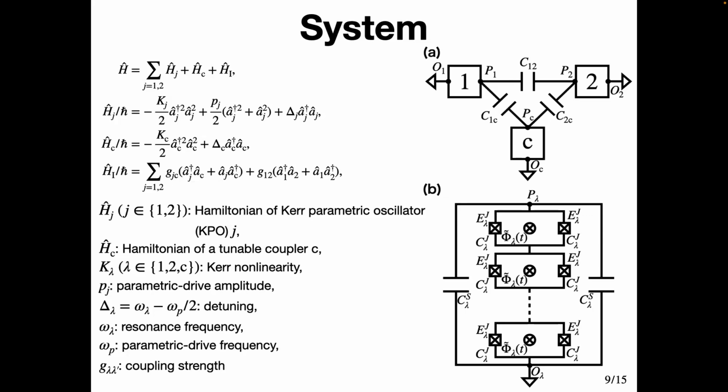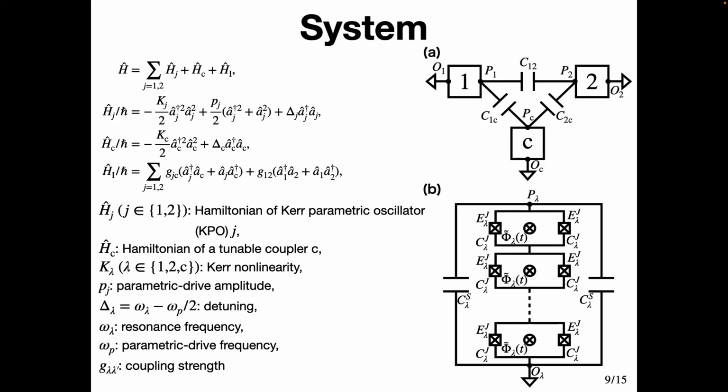And they're capacitively coupled, and the total Hamiltonian is given by this. And this is a Hamiltonian of KPO j, and here K_j is the Kerr coefficient of a KPO, and p is the parametric drive amplitude.